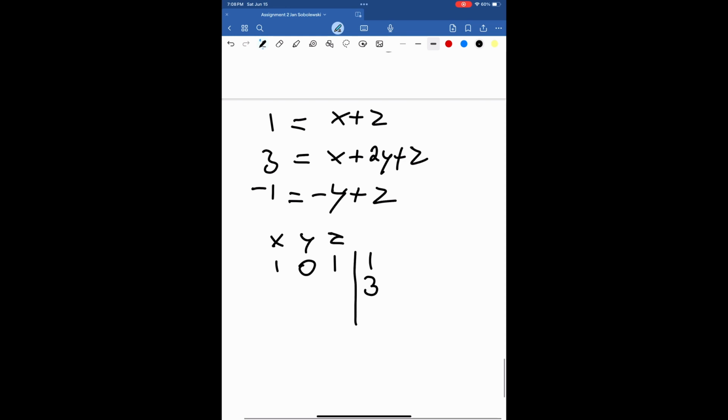Just write this all out. 1, 2, 1. Negative 1, 1. And so now we have our matrix, and now it's row reduction again, which is very boring. But we gotta do it, unfortunately, to prove this.